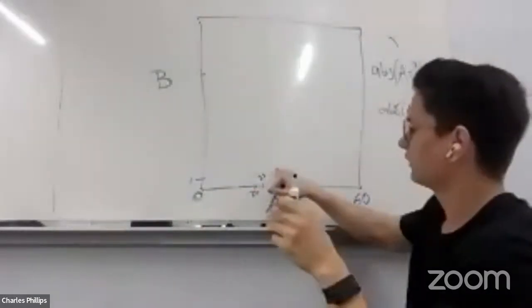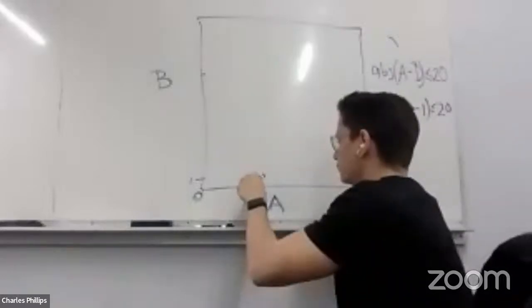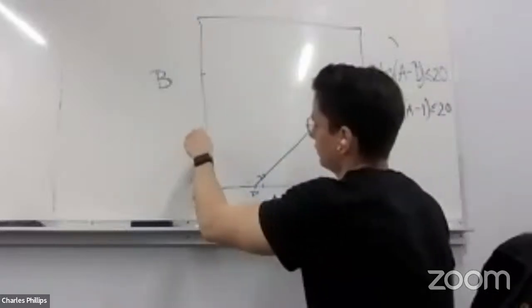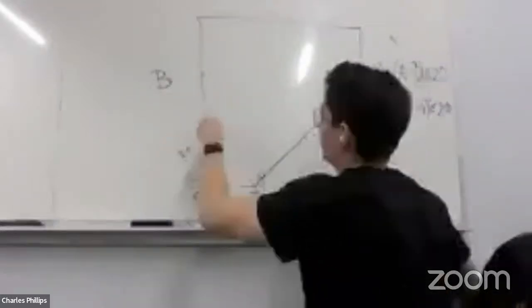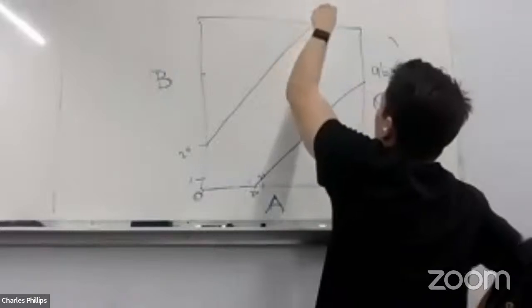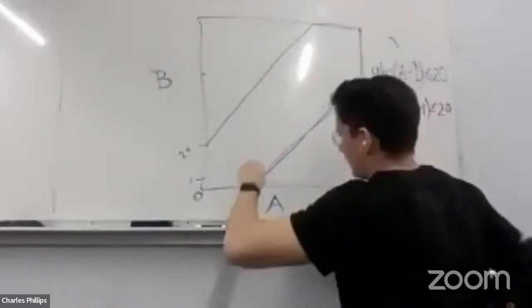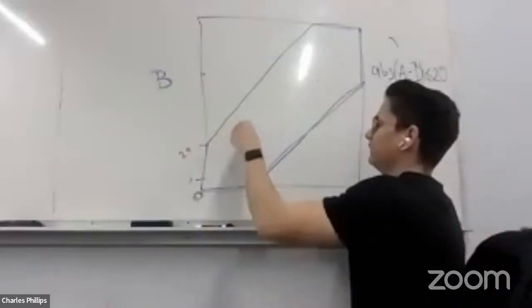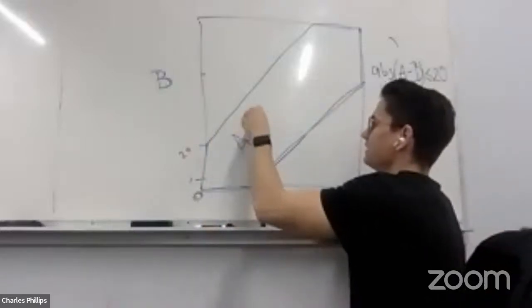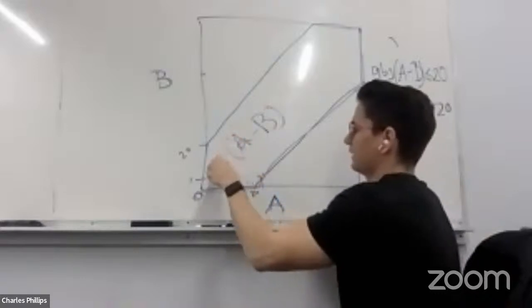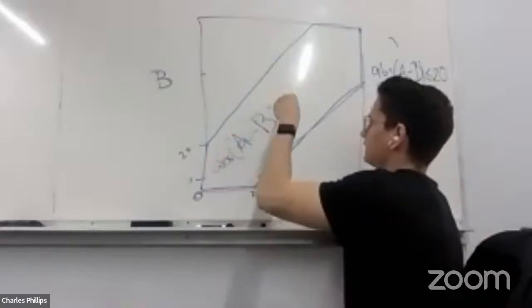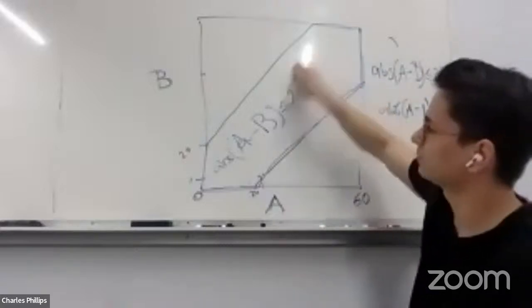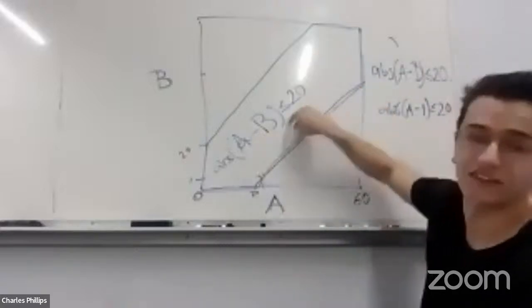If we continue this line of reasoning, what we end up getting is this region, and this region here. So this is 20, this is 20. This region is the region of the sample space where the absolute value of A minus B is less than or equal to 20. Any point in here, when you plug it into this equation, will satisfy this inequality.